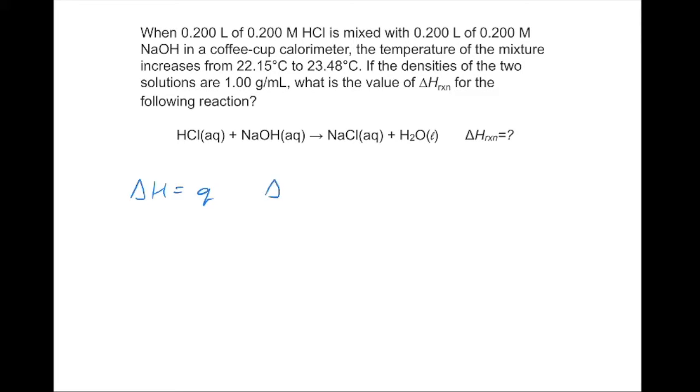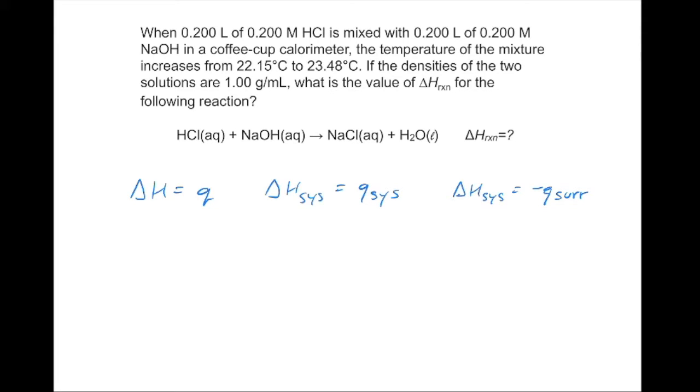If we're talking about delta H of the system, that equals Q of the system. And if we want to compare delta H of the system to Q of the surroundings, delta H of the system is going to be the opposite of the surroundings. So delta H of the system equals minus Q of the surroundings.